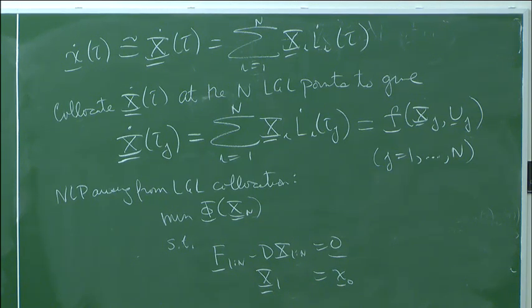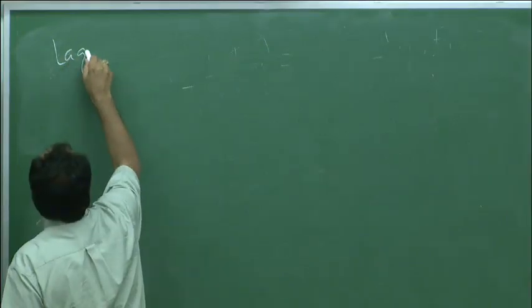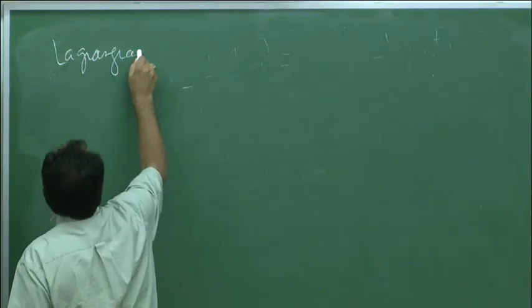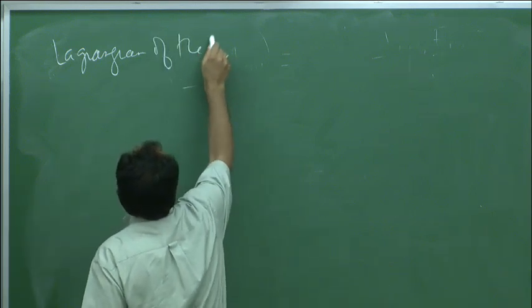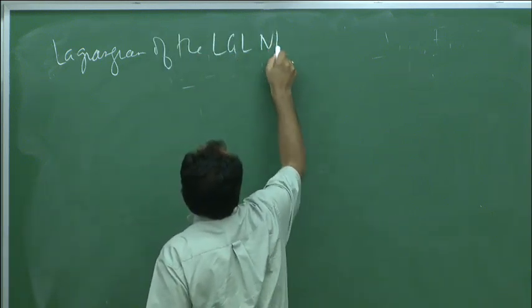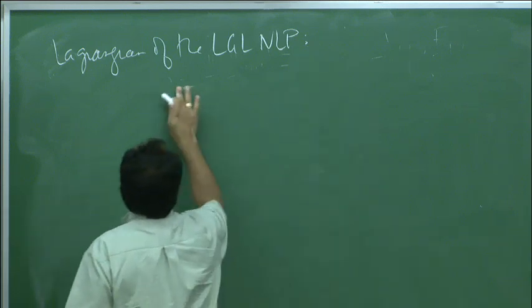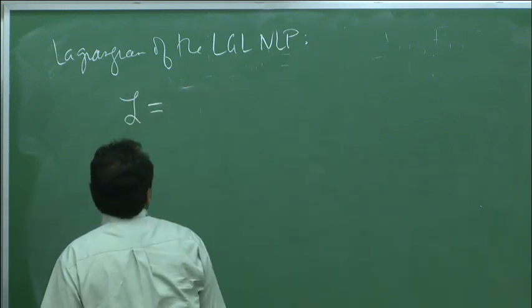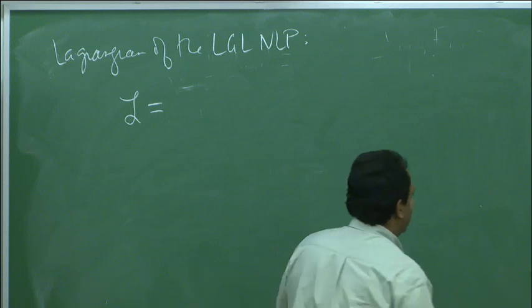So what we do is as follows: the Lagrangian of the LGL NLP is the following. L is equal to, now we've got to put all these things together.